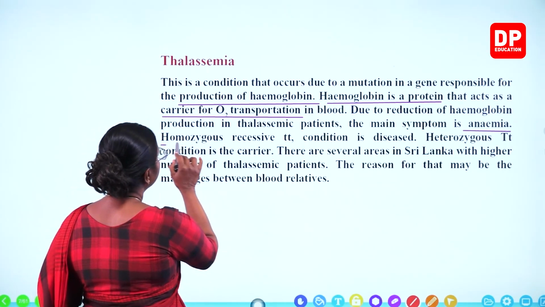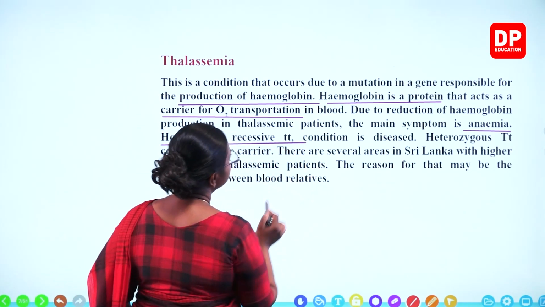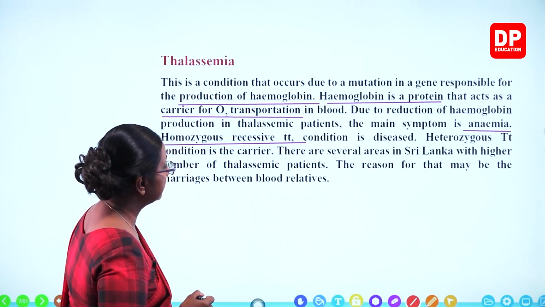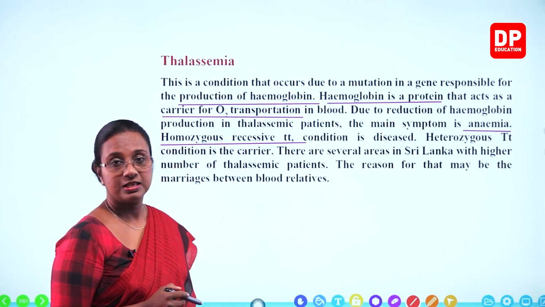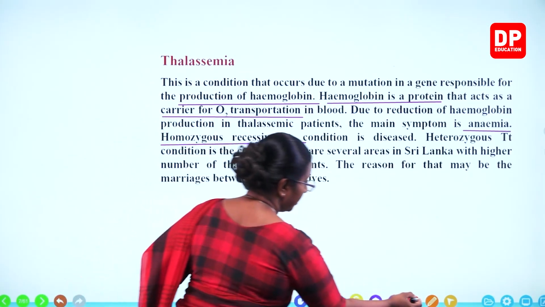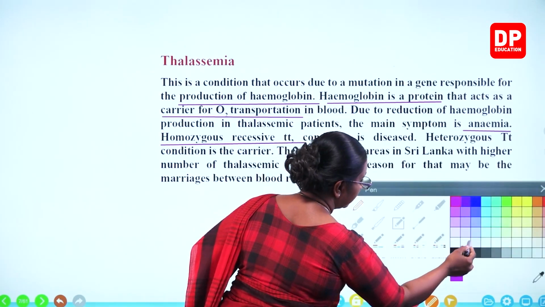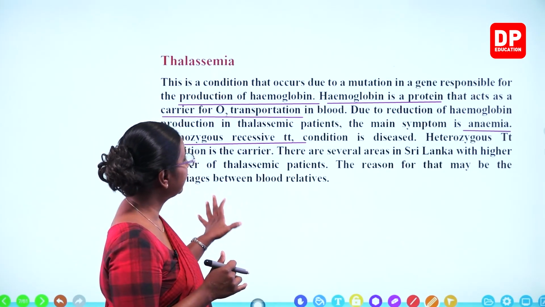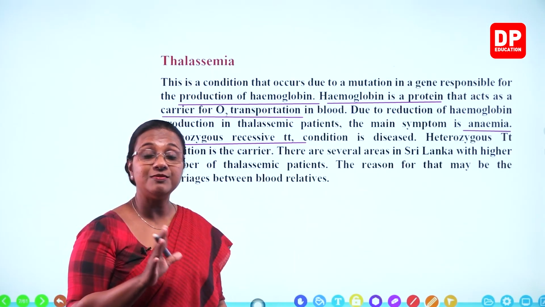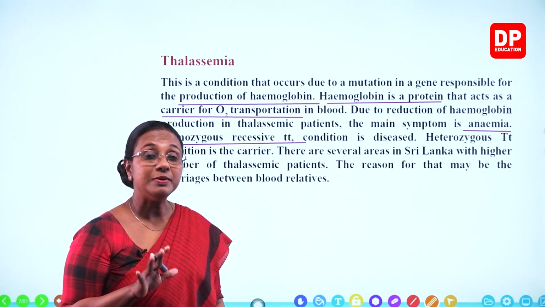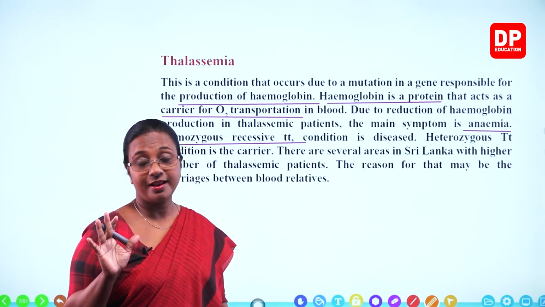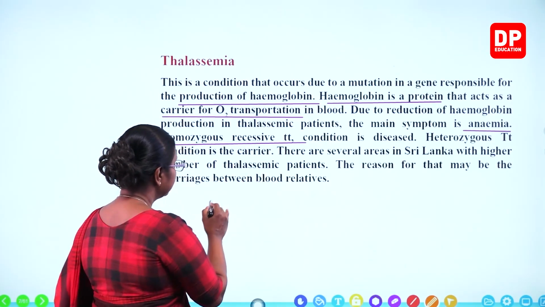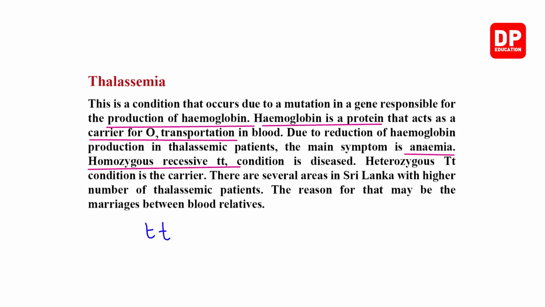Here also, the homozygous recessive tt condition is the disease. So far we have been using the capital T and simple t with garden pea plants when we discussed the tall and short characteristics. But here the recessive gene is simple t.